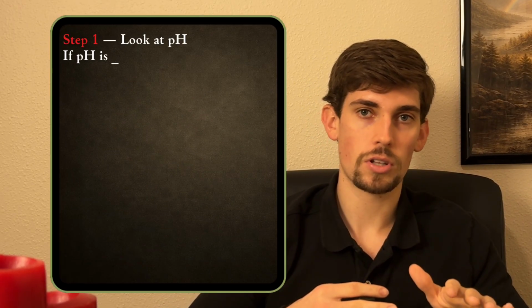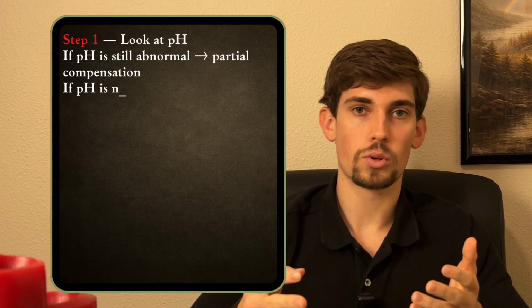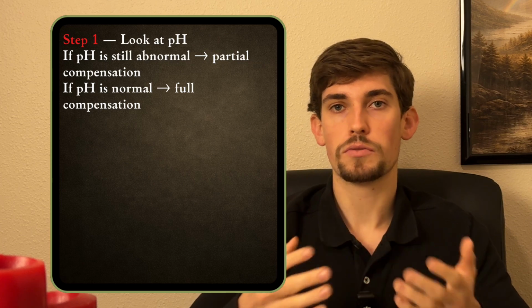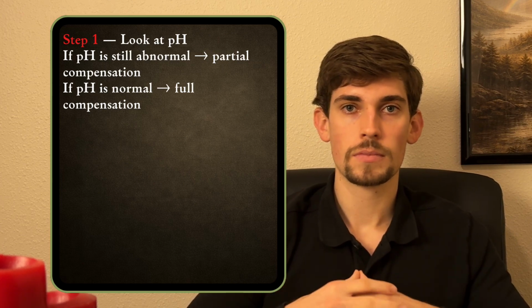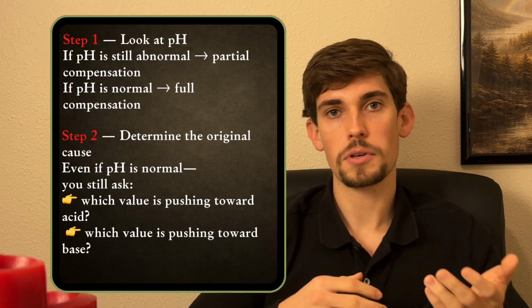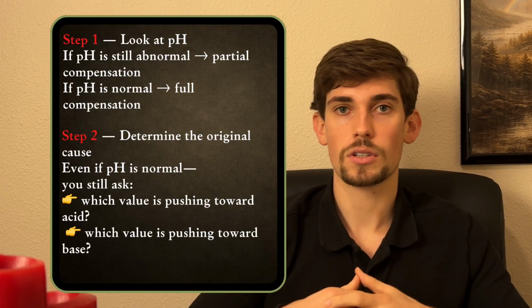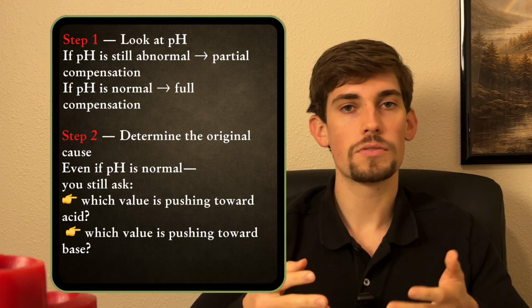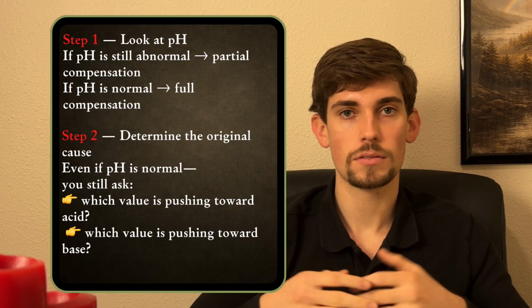So looking back at the pH, if the pH is still abnormal, it's partial compensation. If the pH is normal, it's full compensation. Next, we're going to determine the original cause. If pH is normal, you still ask which value is pushing toward acid and which value is pushing toward base.